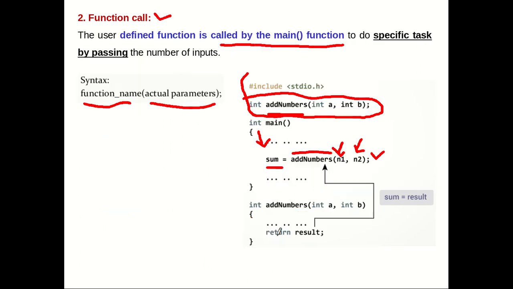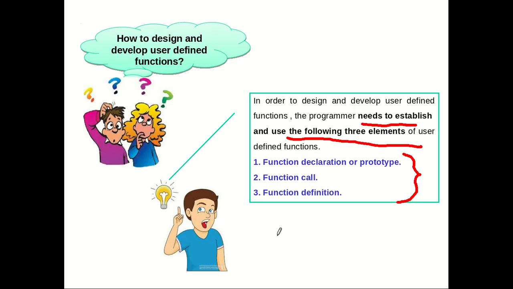So I repeat here: to implement a function you first have to take care of the function declaration, or prototype. This gives brief information about your function to the compiler.